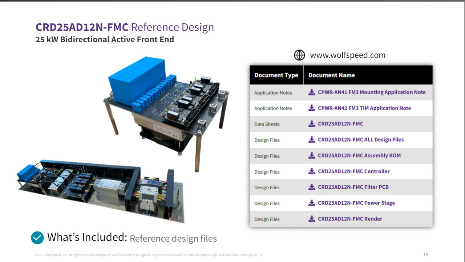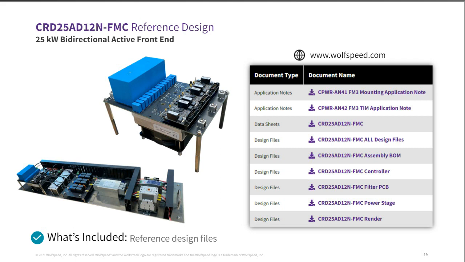And then the top photo would be the actual power stage of the FM3. And in this reference design, we included the use of our universal Wolfpack gate driver. But again, it would be possible to evaluate our partner gate drivers with this board, as it's a plug-and-play style gate driver connection.